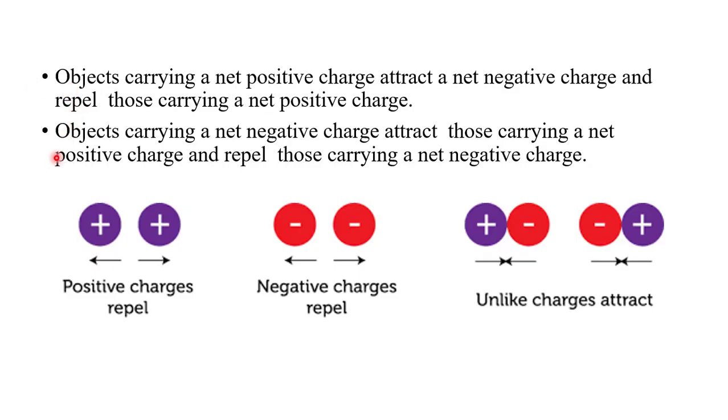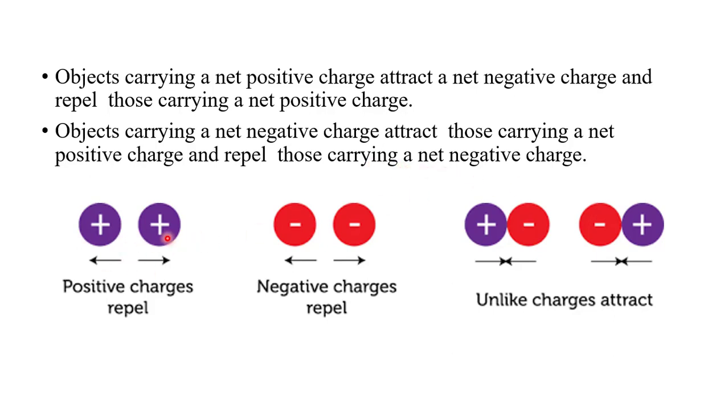Now we'll consider the charges. Same polarity charges repel each other, and unlike charges attract each other. An object carrying a net positive charge attracts a net negative charge and repels those carrying a net positive charge. Similarly, objects carrying a net negative charge attract those carrying a net positive charge and repel those carrying a net negative charge.